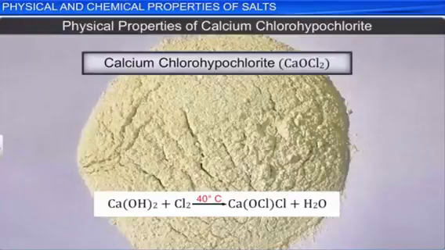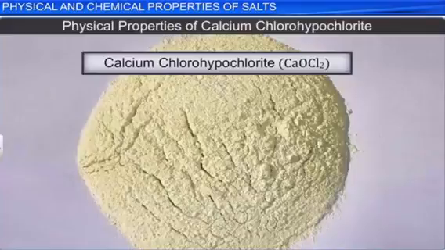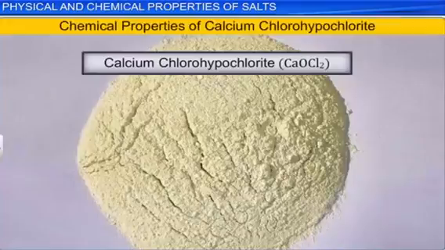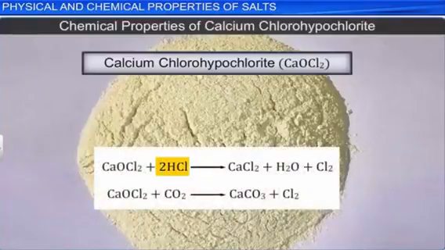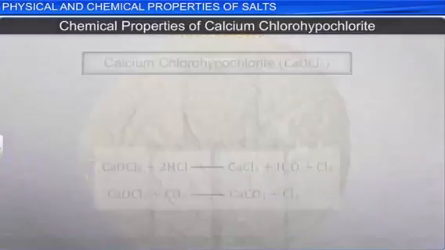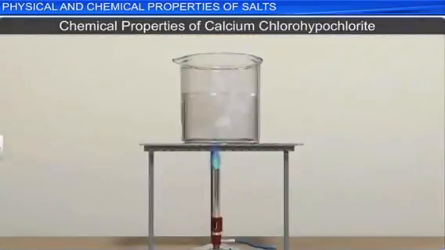The chemical properties of calcium chlorohypochlorite are as follows. When it reacts with dilute acids or carbon dioxide, chlorine is released. Similarly, chlorine gas is also released when bleaching powder is dissolved in water and heated.